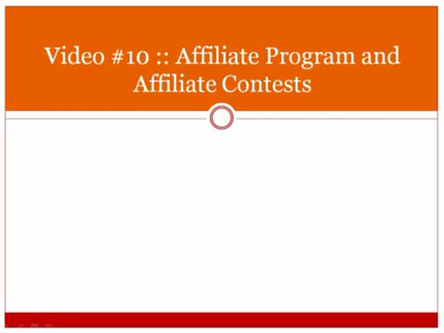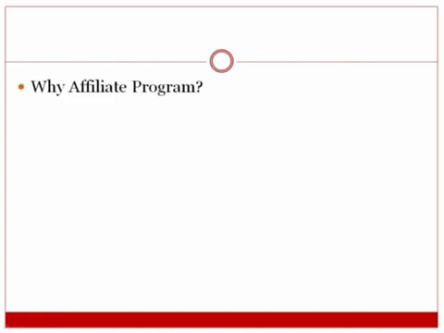Now, before I show you how to implement this, I want to talk about a few things. Obviously, by now, you should understand why you need an affiliate program. But some of you might be thinking, why should I give away 50% or even 75% commissions to somebody else?